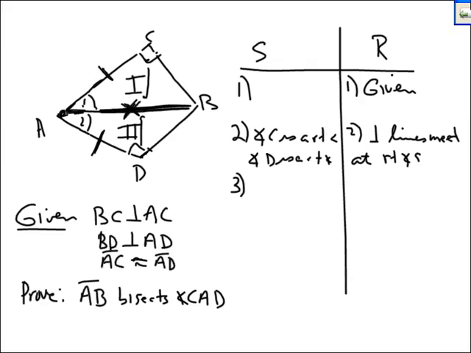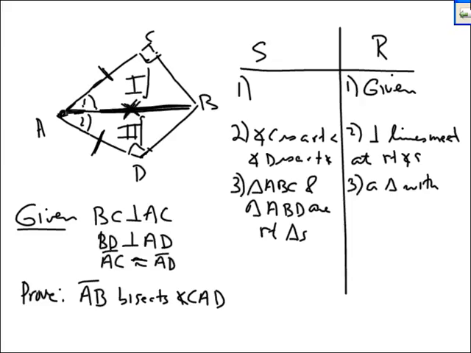So now I will say that triangle ABC and triangle ABD are right triangles. A triangle with a right angle is called a right triangle.